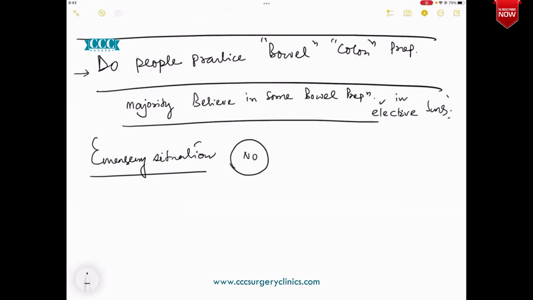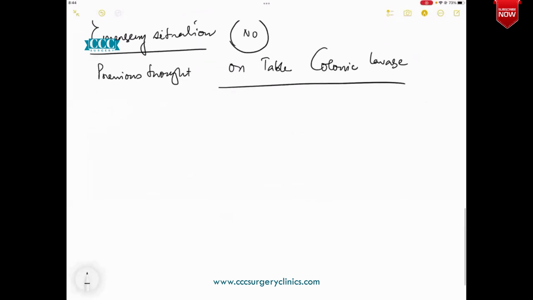But what has been the previous thought is something called an on-table colonic lavage. Now, what is an on-table colonic lavage? We have practiced a couple of them in an emergency setup, and believe me, you will understand what the problem is.